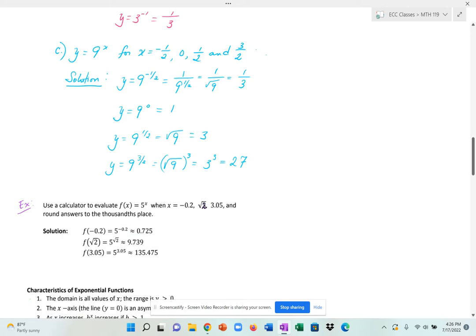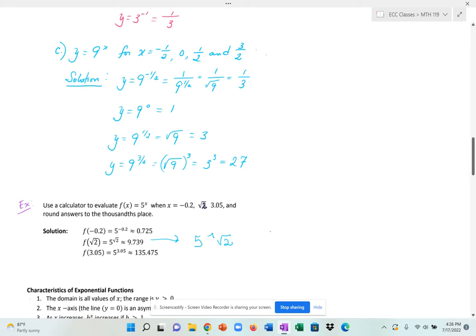Some calculators have a little caret key, which means raised to the, so you would say like 5 to the square root 2. That's what you put in that one.